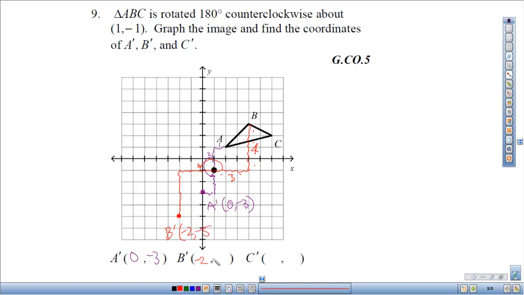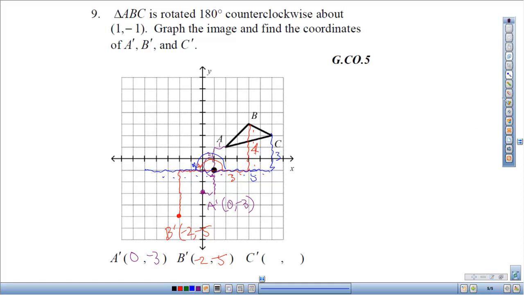So -2, -5, and finally point C, I'll use a different color. I think I'm going to run over and then up. So that's 1, 2, 3, 4, 5, and up 3. So if that goes around 180 degrees, it's going to be over here. 1, 2, 3, 4, 5. Did I do that right? 1, 2, 3, 4, 5.